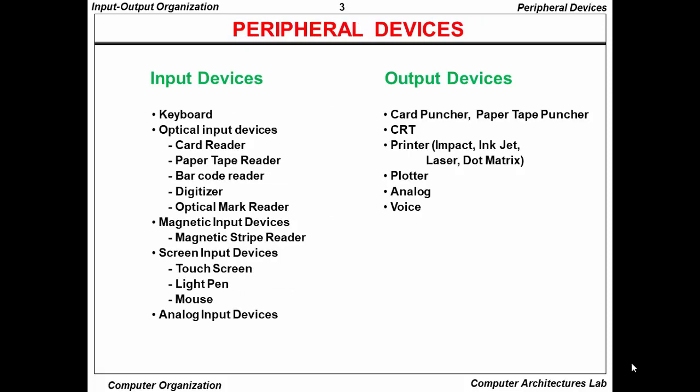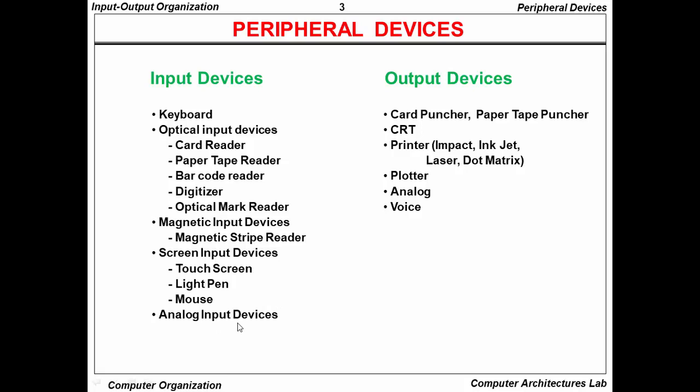We know that whenever we use a computer system in our day-to-day life, there are different peripheral devices available with the system. We have a basic idea. Basic input devices are like keyboard, optical input devices such as card reader, paper tape reader, barcode reader, digitizer or optical mark reader. Some magnetic input devices like magnetic strip readers, and some screen input devices, let's say a touch screen or light pen, mouse and other things.